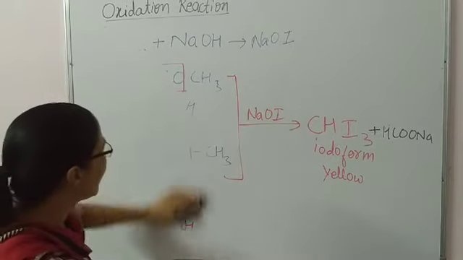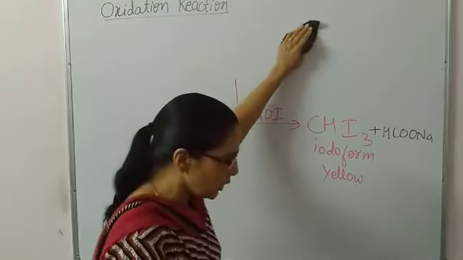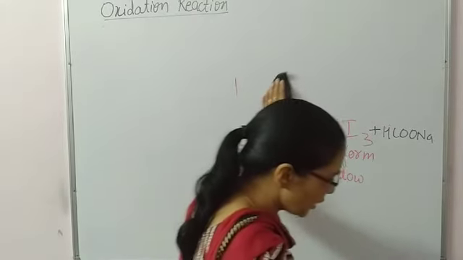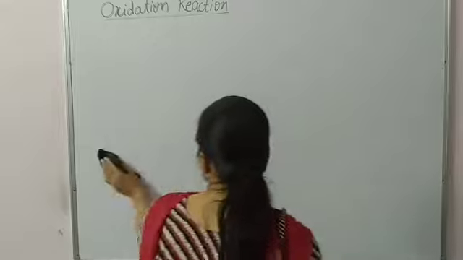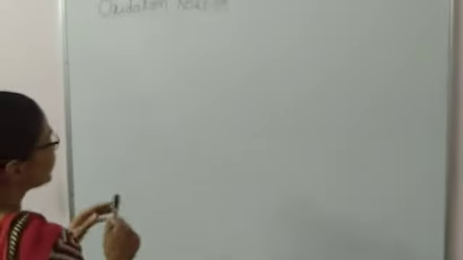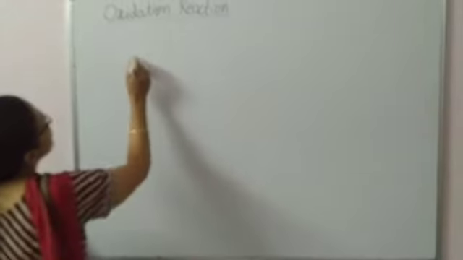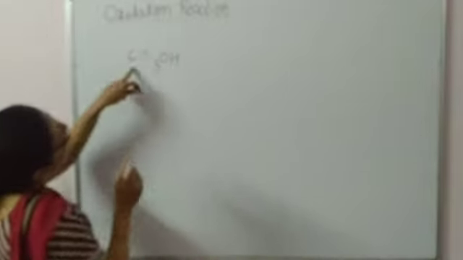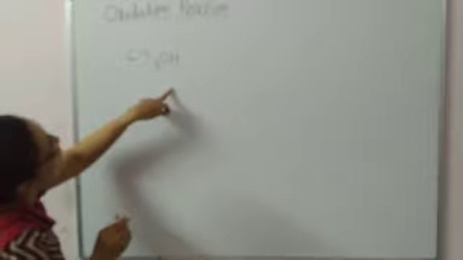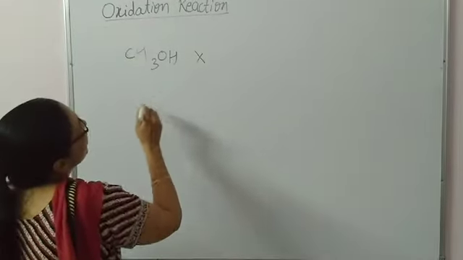Now the next reaction in the row, your oxidation reaction, that is over. Now suppose you are using CH3OH. There is no presence of the CH3CHOH group. It will not give the iodoform test.